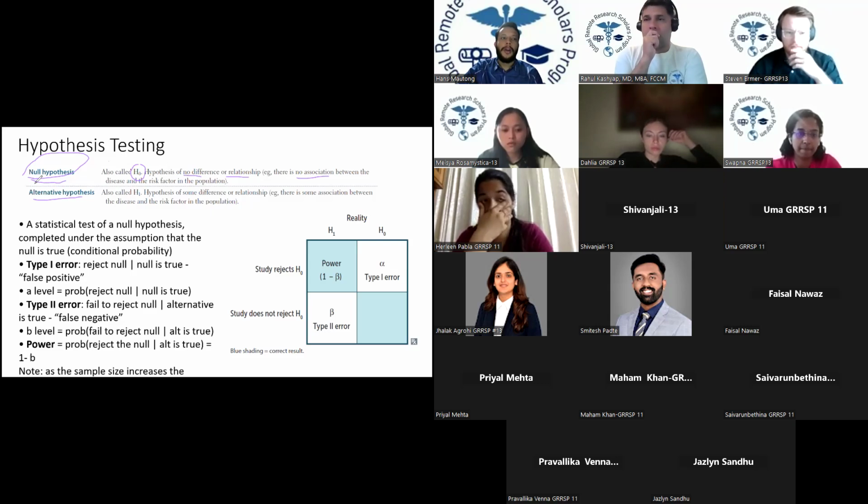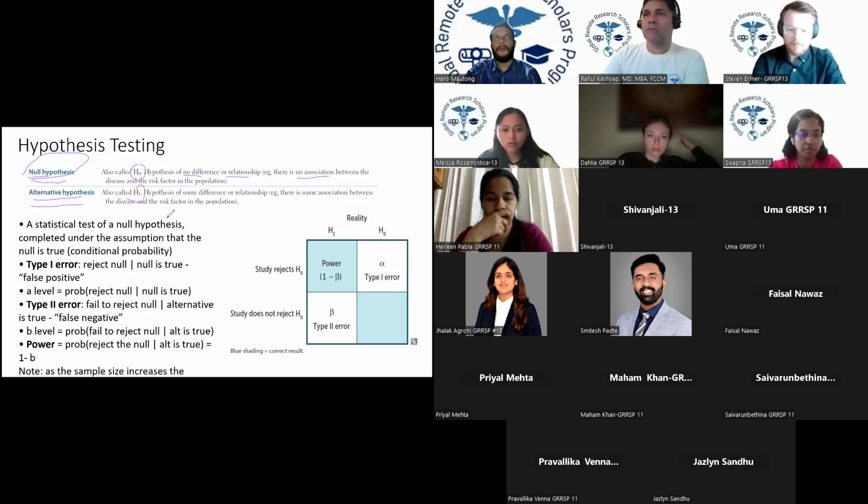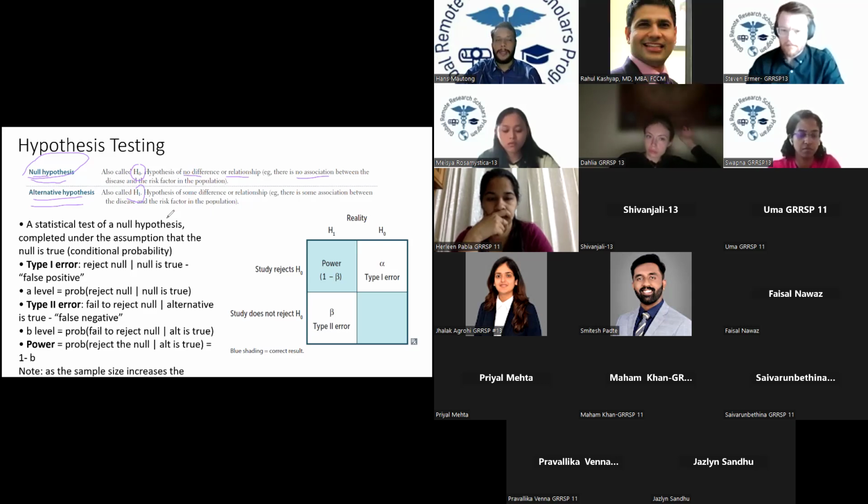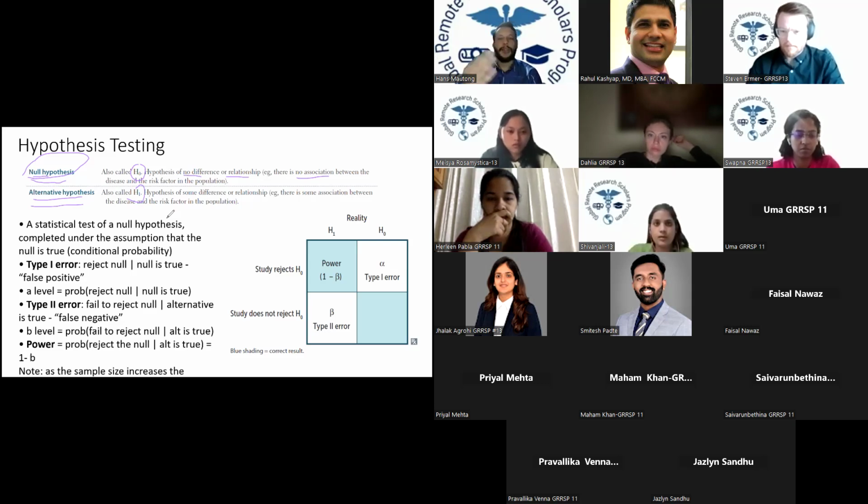Null hypothesis, no association, no correlation, okay, no difference. Alternative hypothesis, also represented as H1, states that there is some difference, that there is some association, that there is a relationship between one risk factor and a disease, for example, okay, or these two quantitative variables, which are ejection fraction and NT-proBNP.